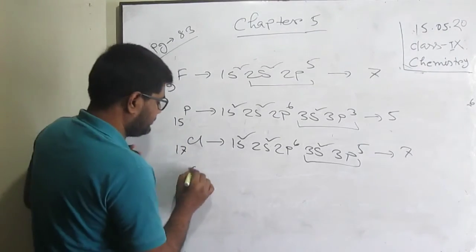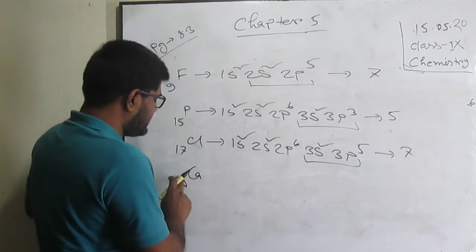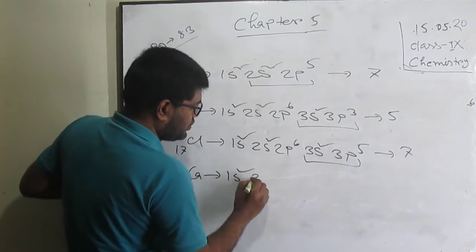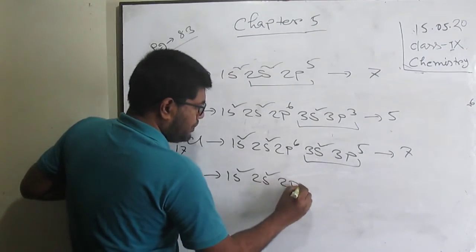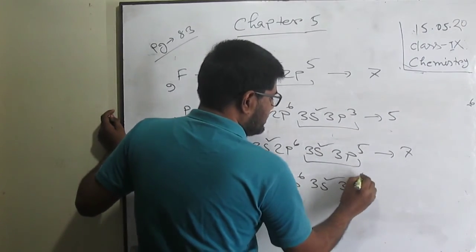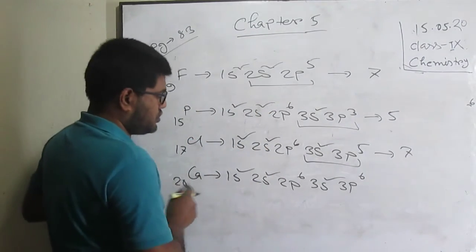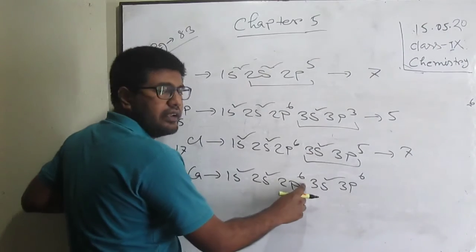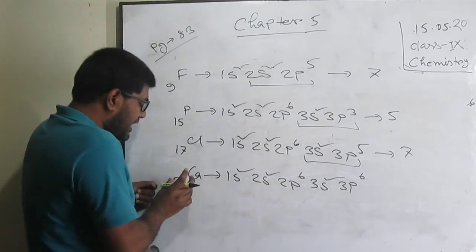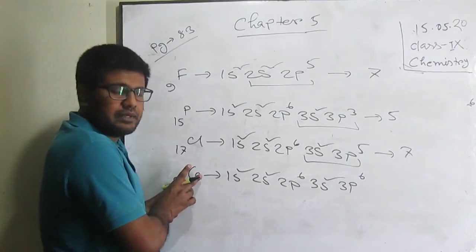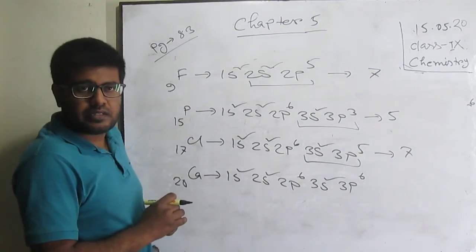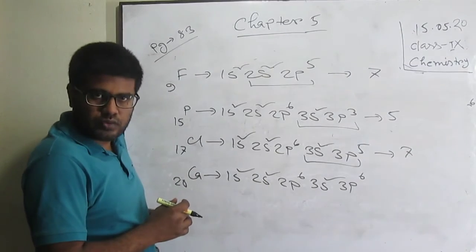Then calcium. The atomic number of calcium is 20. So the electronic configuration is 1s2, 2s2, 2p6, then 3s2, then 3p6. Count the total number of electrons: 2, 4, 10, 12, then 18. We need 20 electrons for calcium, and I have already written 18, so we have 2 remaining electrons.